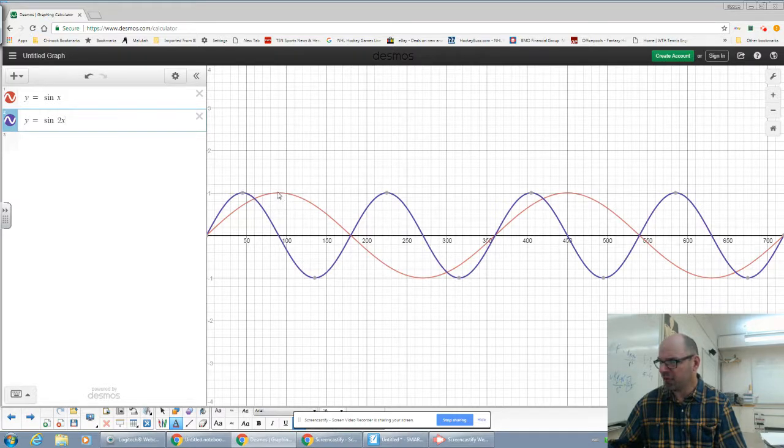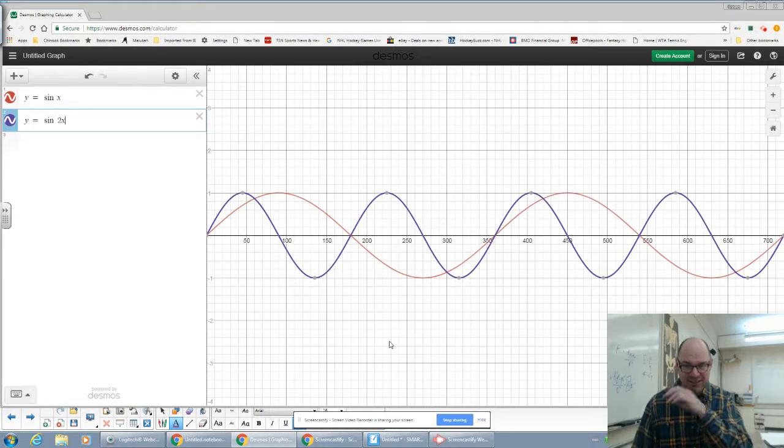So there's one bump here, but there's 1, 2, 3, 4 bumps. There's 1, 2 troughs there, but there's 1, 2, 3, 4. Okay, so it's doubled the amount of maximums and minimums that we've had.